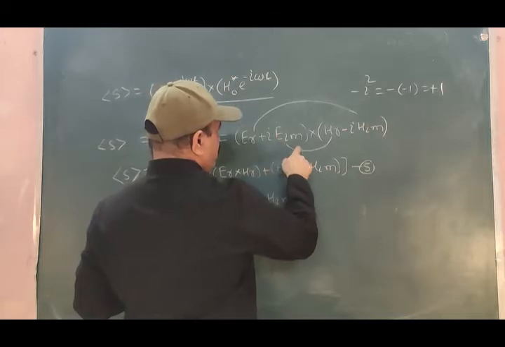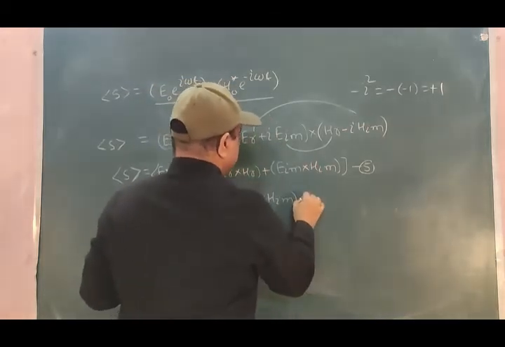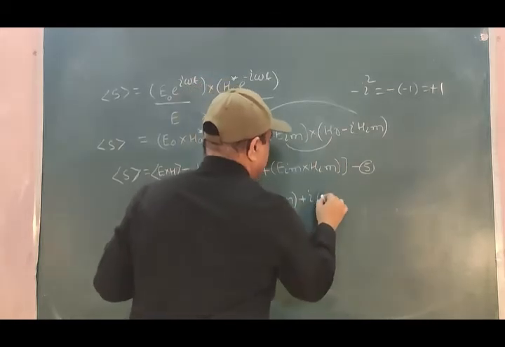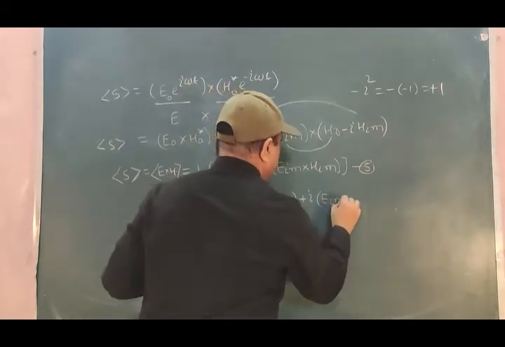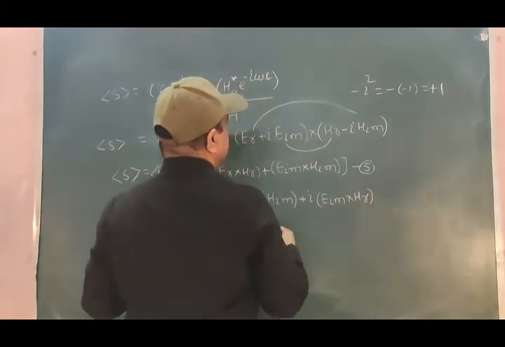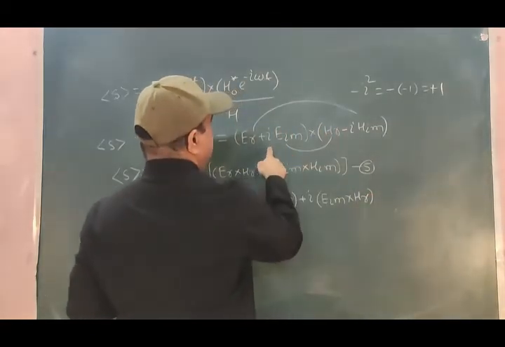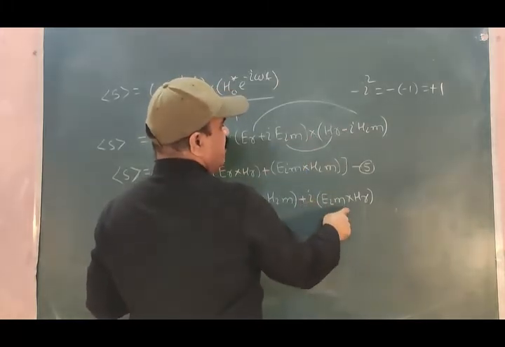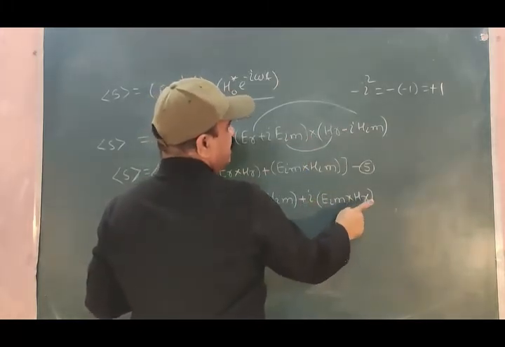If we take the cross product of these two, plus i into E_IM cross H_R. Okay, this product is taken: i times E_IM cross H_R.